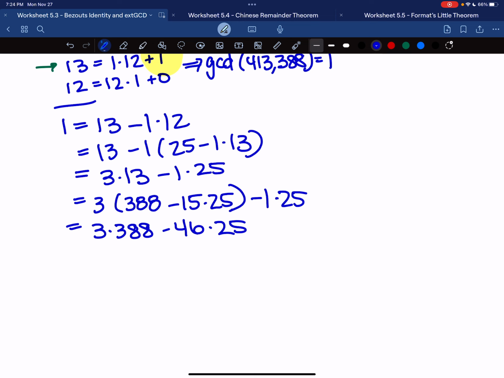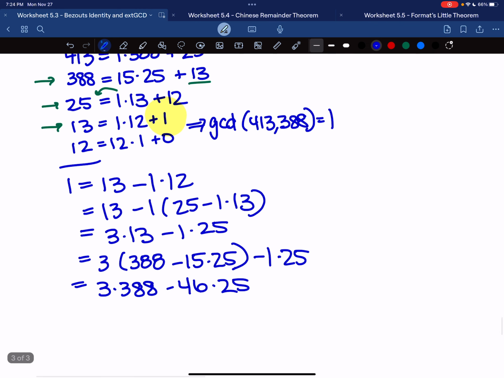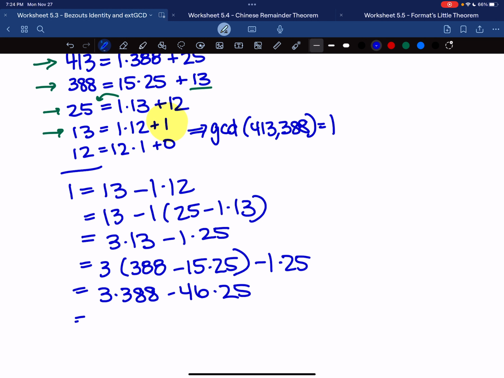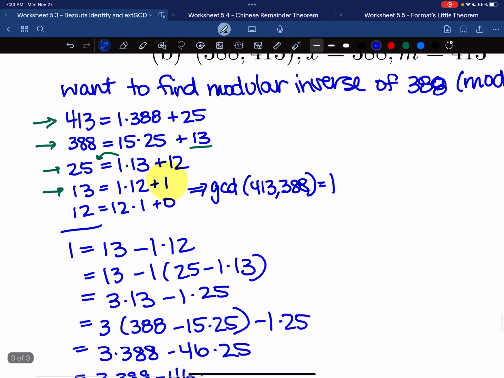Okay, I think I got that right. Minus 45. Yeah, I don't know why, but for some reason I thought that was wrong. Okay, and so now I've got the 25, which I'm going to use with this. So this is 3 times 388 minus 46 times, and now this can be a new version of 25.